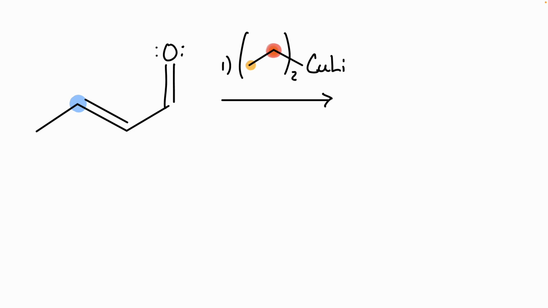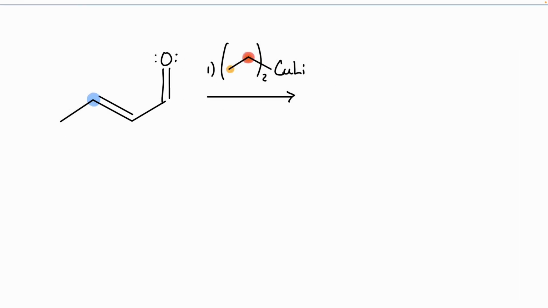So when we draw our products here, in this reaction, that pi bond between our alpha and beta carbon will be lost, but we're going to retain that carbonyl group, and we're going to have a new carbon-carbon bond between our beta carbon and that nucleophilic carbon in our Gilman reagent.